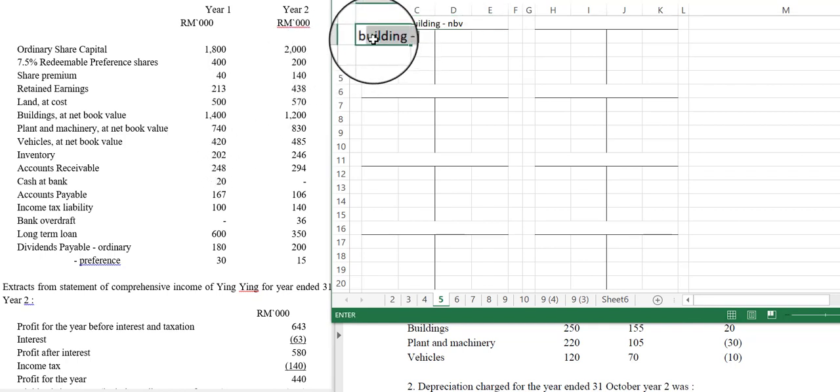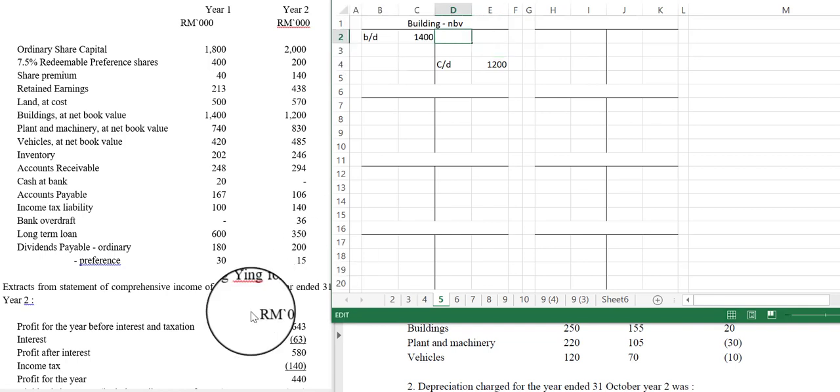So on this side, B/D, we have the opening figure of 1,400, and then the closing. Since it's a net book value version, you will have depreciation here, not accumulated depreciation, it's the current year depreciation.